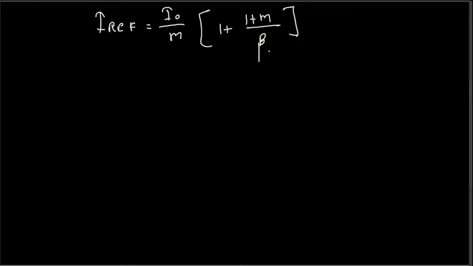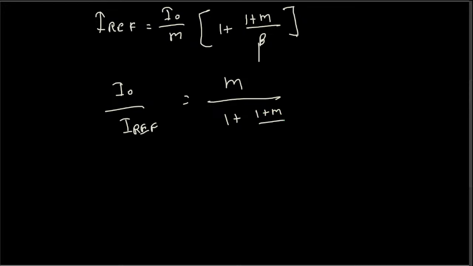Okay, so we have this expression right now. Finally, we can derive I0 over I reference is equal to M over 1 plus M over beta.